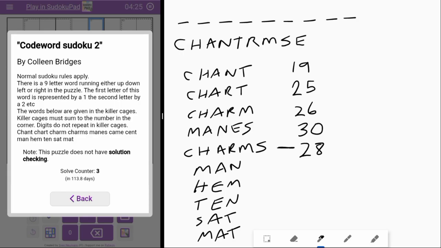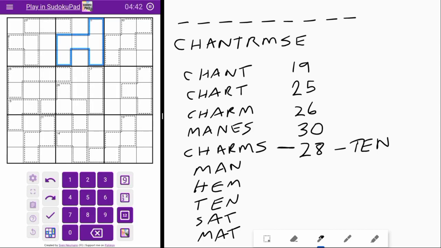Not a heck of a lot, but if we know that charms is 28, the only other 3 letters left there are T, E and N. And we know that the total number of the Sudoku boxes has to add up to 45, because 1 to 9 adds up to 45. So that tells us that T, E, N, which is left over, 45 take away 28, is 17. So that gives us 10 and 17.